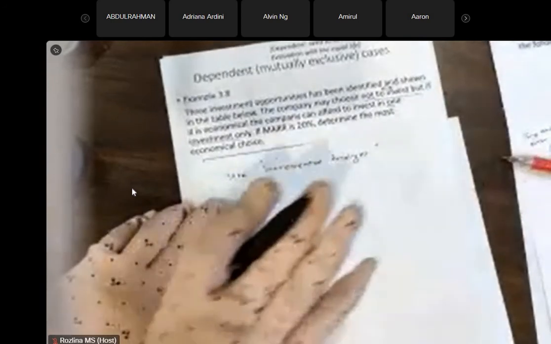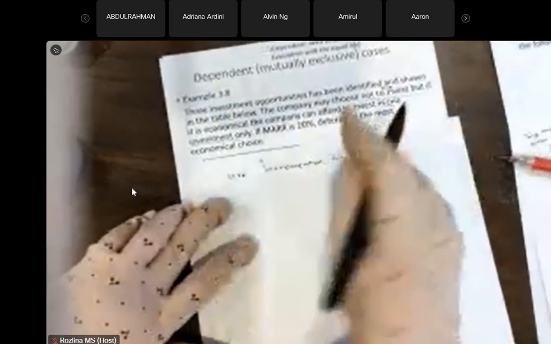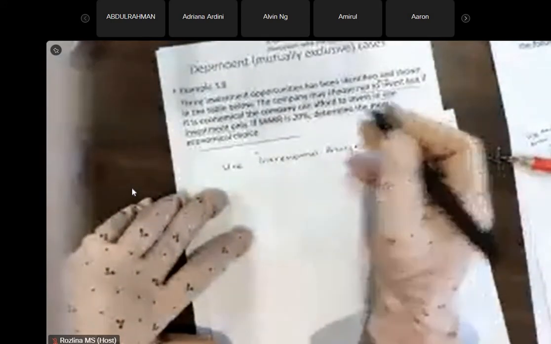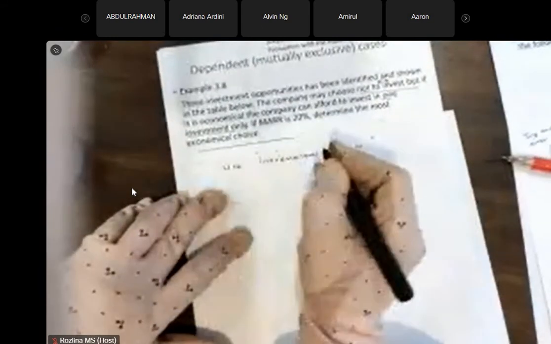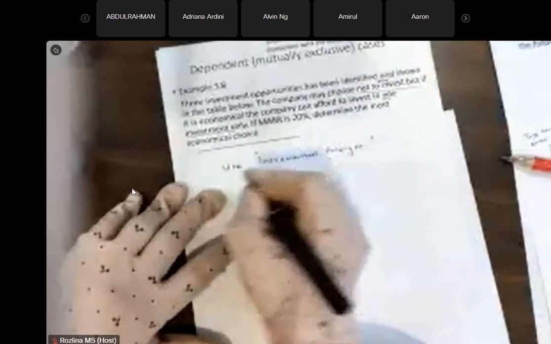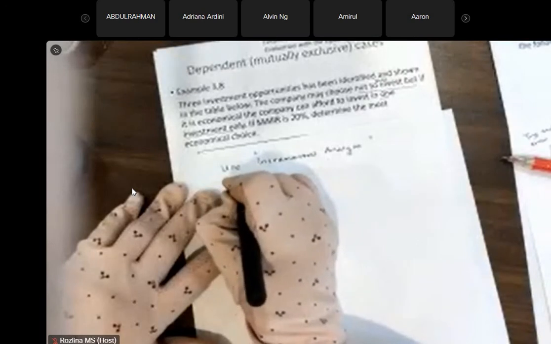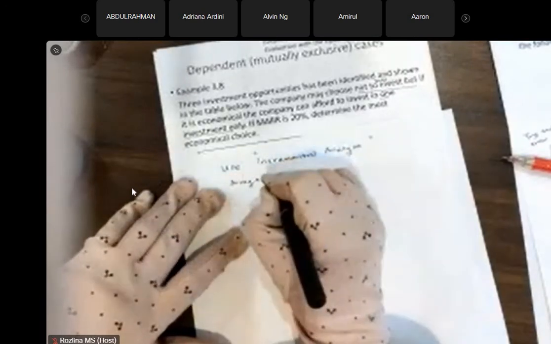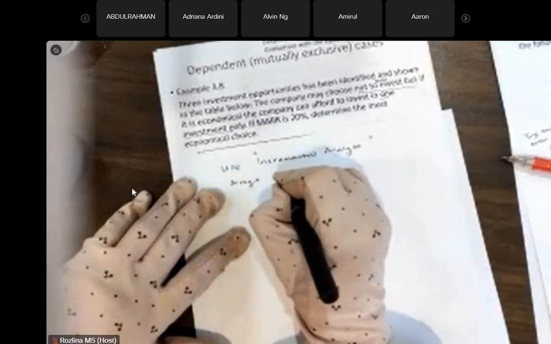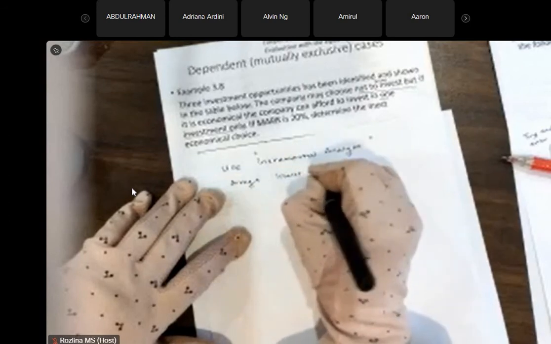Maknanya apa? Analysis naik analysis menaik, incremental analysis. So you have to arrange first. You have to arrange dulu. Okay, that means you have to arrange from the lowest punya value, lowest until the highest.